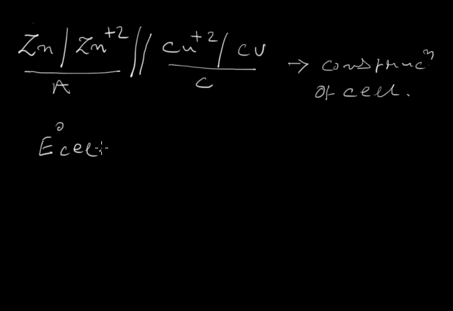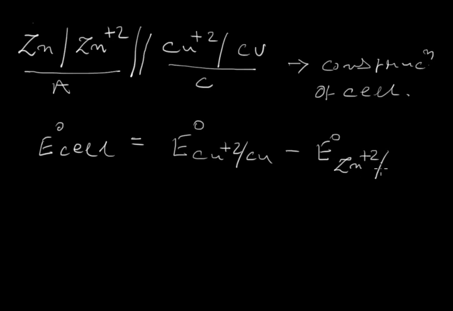So, standard EMF of the cell, E0 cell, equal to E0 cathode, that is E0 Cu+2/Cu, minus E0 Zn+2/Zn.